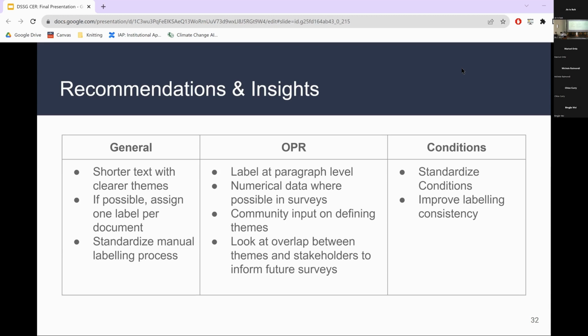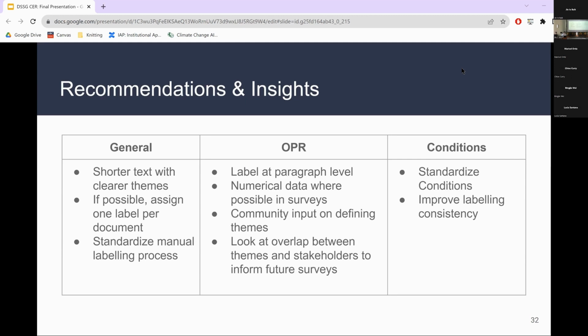As we noticed, the more labels there are per theme, the more complicated it is to identify the presence of any individual theme. So reducing the number of themes in any way possible would be incredibly helpful. When we talked with the CER specifically, we inquired about the process of labeling themes for their datasets, and there wasn't a lot of consistency between datasets.